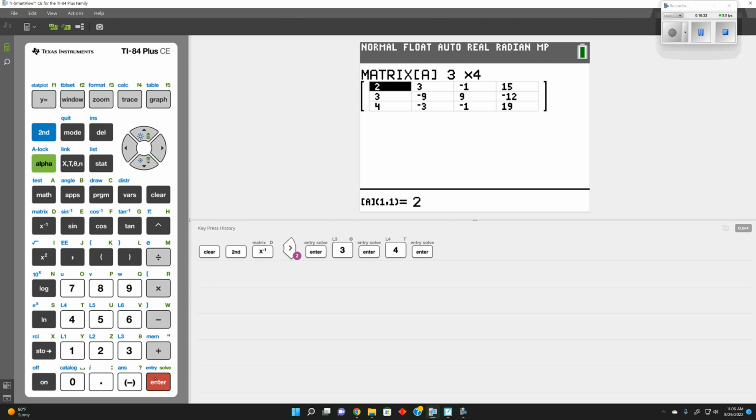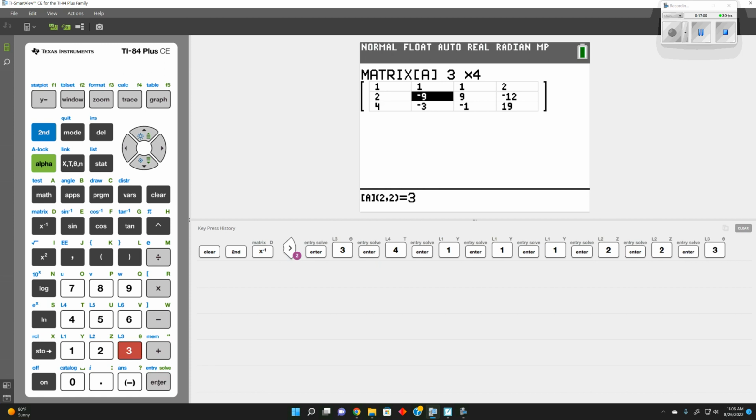So the first thing was 1, enter, 1, enter, 1, enter, 2. So we inputted the first row. Now we can continue on with the second row and third row, because each time you hit enter, it will move one spot over. So the next one is 2, enter.